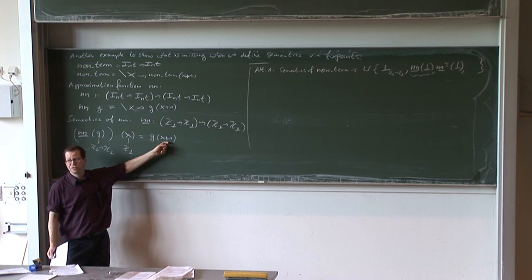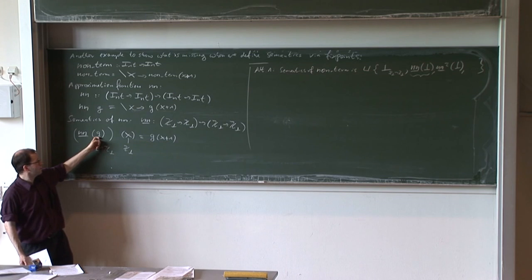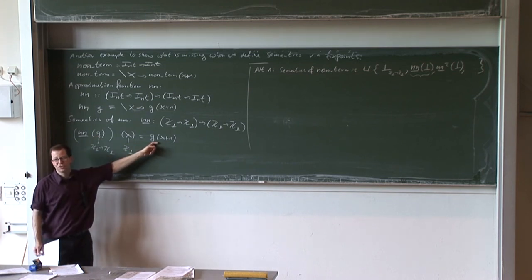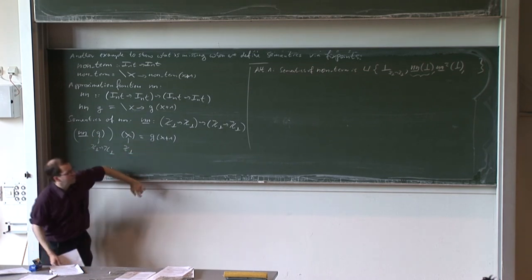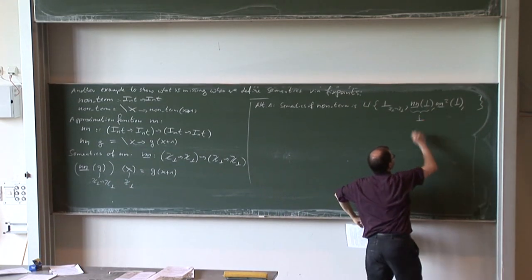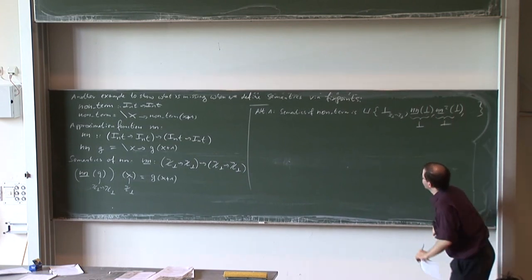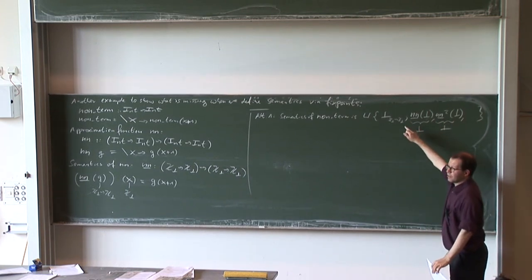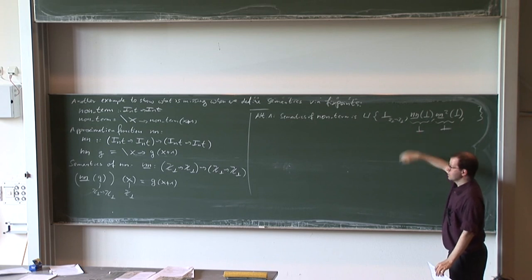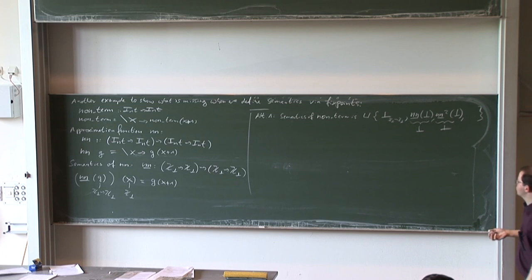The undefined function applied to something is always undefined. So if you apply nn to the undefined function, you get the undefined function again. Okay, so this is also the undefined function. And if you do it twice, you also get the undefined function, and so on. So this chain only consists of the undefined function.